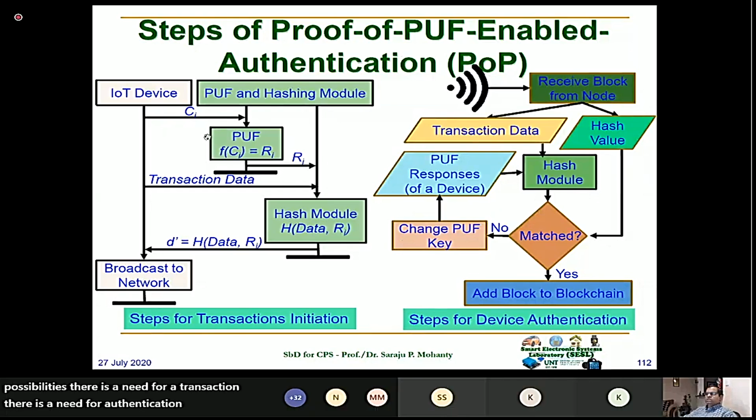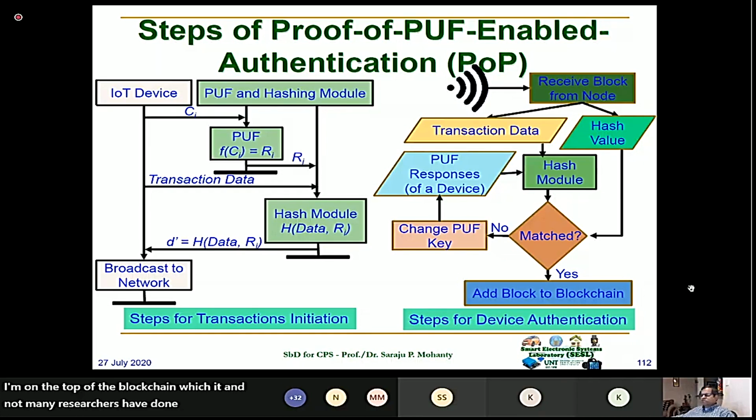So we developed protocols that can be used for foolproof security. That means here blockchain is working. At the same time, the security aspect of blockchain is completely done by PoP authentication, which is a significant concept on top of blockchain, which not many researchers have done.